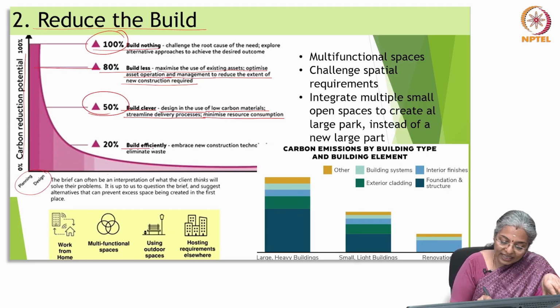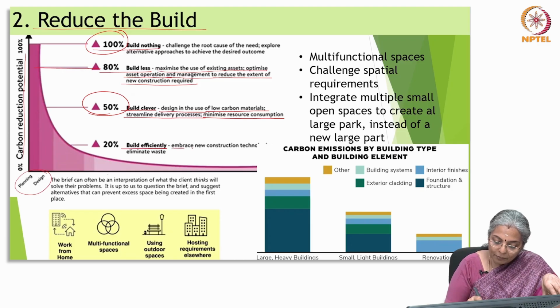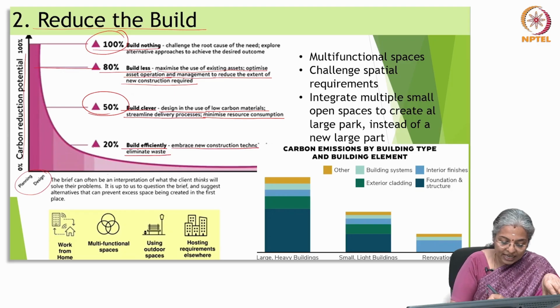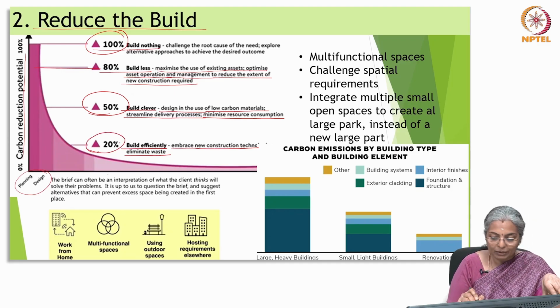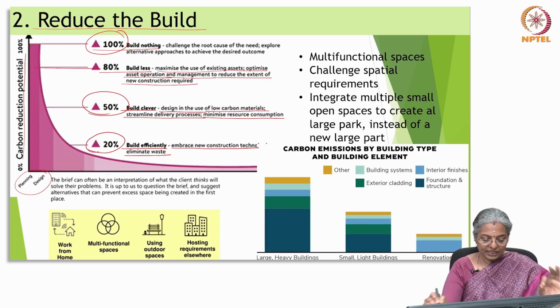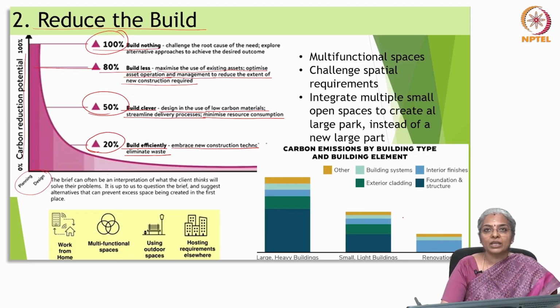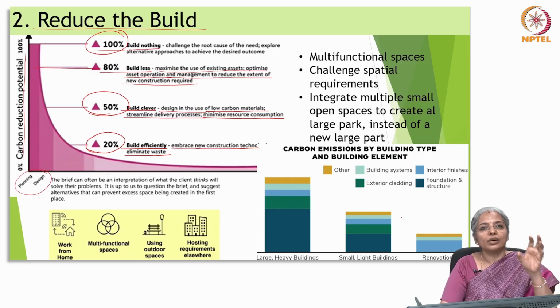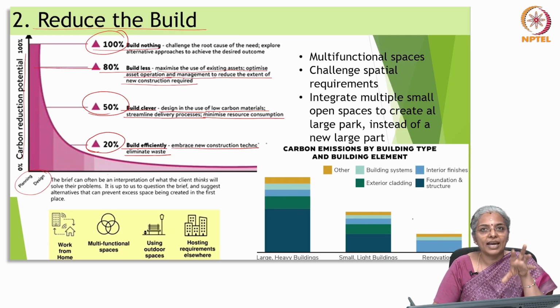But if you build efficiently by embracing new construction techniques and eliminate the waste, then the CO2 reduction potential will be by 20% only. So, if you decide you need to demolish and rebuild, then try to reduce the amount of area or replacing the building material by a very small number.